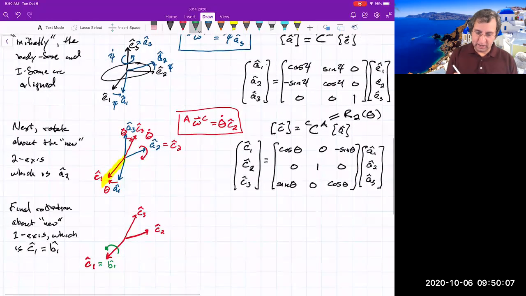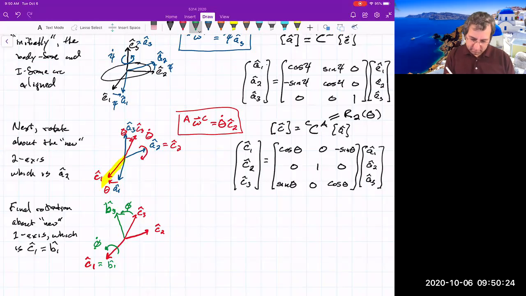So the rate is phi dot. And this is taking us to our final location for all the axes. So this is B3 through an angle phi. It's hard to draw here, but here's B2. This angle is also phi.